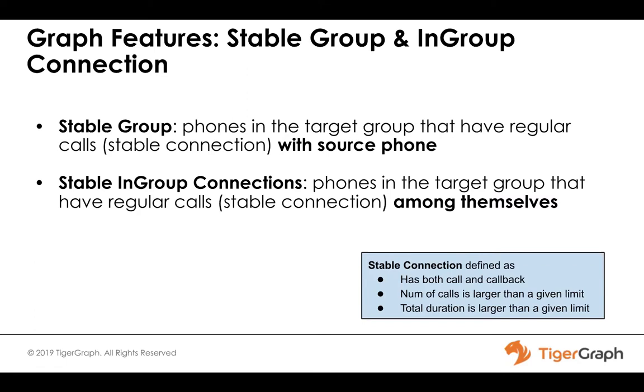For demo purposes, we developed a smaller data set to demonstrate this graph feature extraction process. To define a stable connection: it is a connection that has both call and callback numbers, where the number of calls is larger than a given limit, and the total duration of the calls is also larger than a given limit. You will see those in the parameters that we input in the GSQL query.